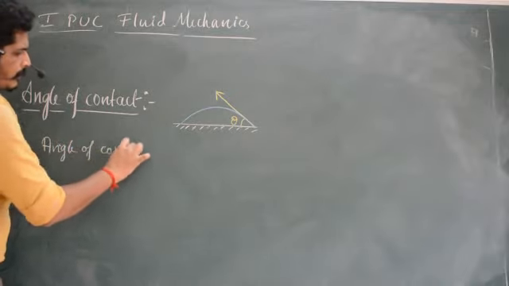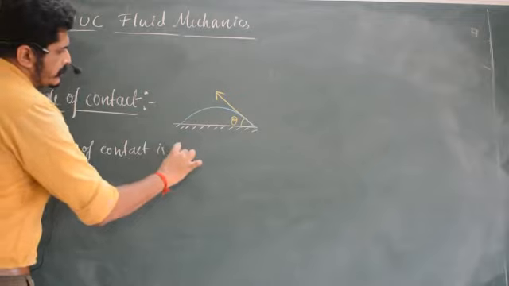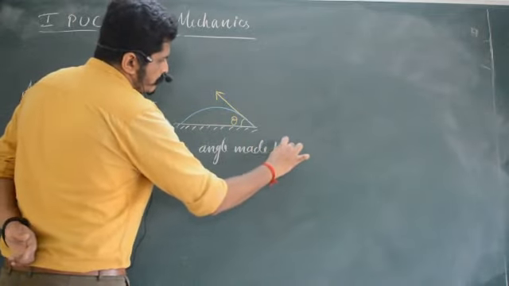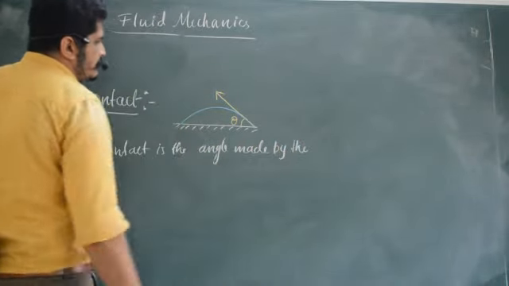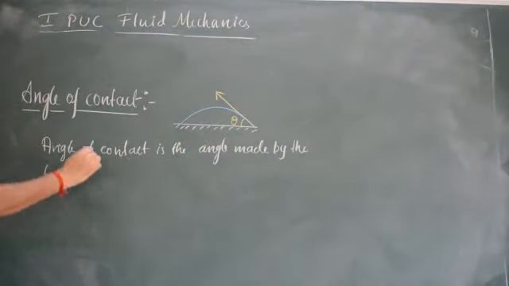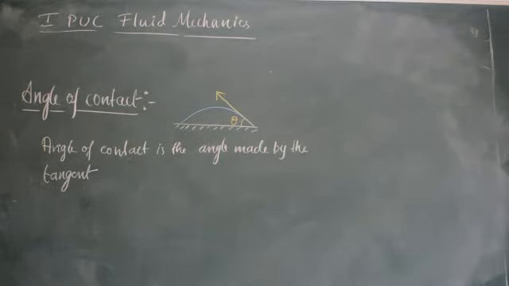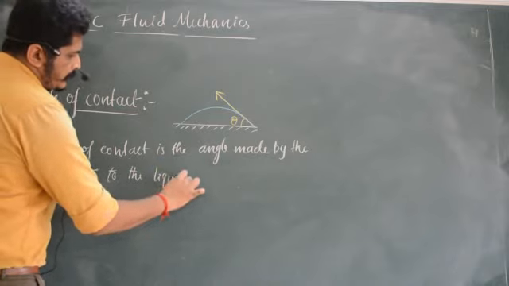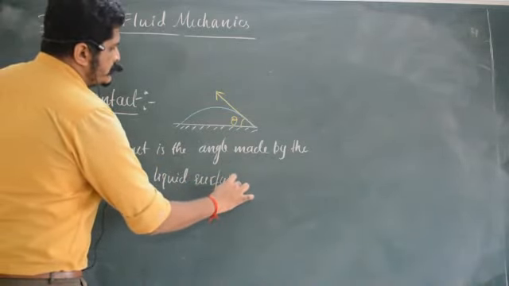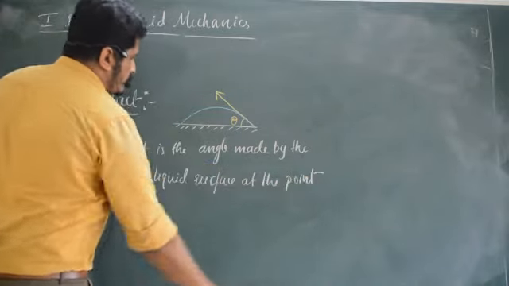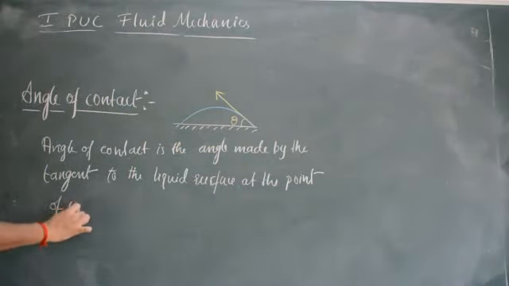Angle of contact is the angle made by the tangent to the liquid surface at the point of contact.